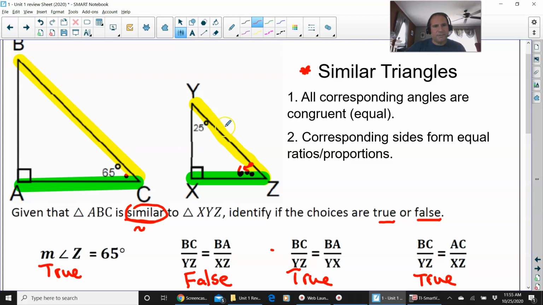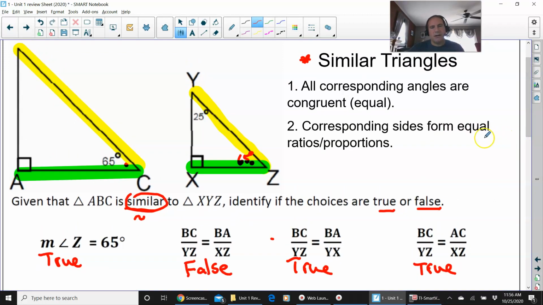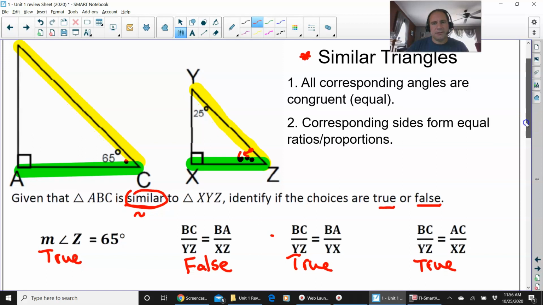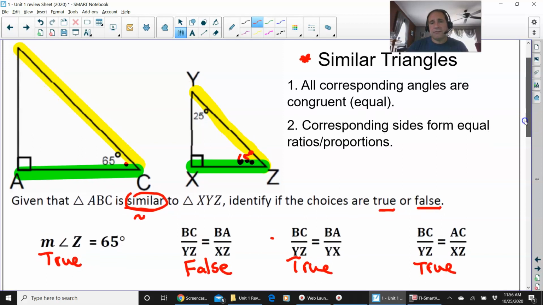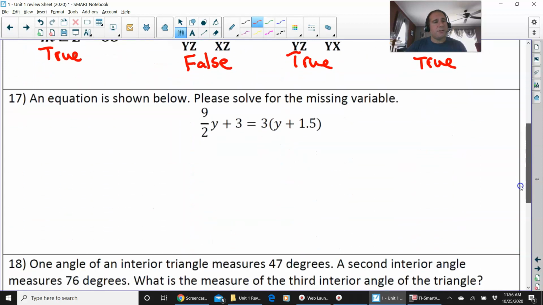BC over YZ, AC over XZ. True. All right, and that's a similar figure question there. Go through them all. Just make sure that you're picking out the right answers for true and false. All right, has to match up corresponding sides.